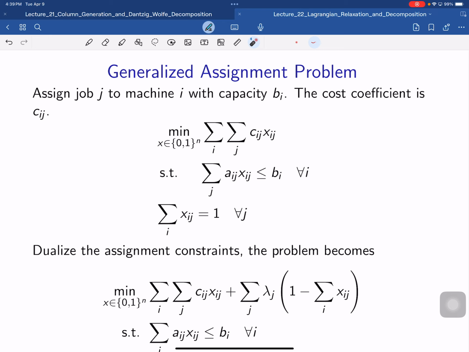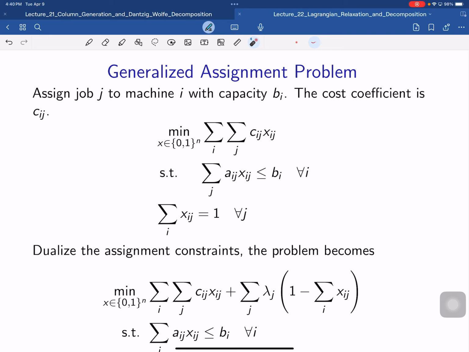So we have some x variables. So x_ij represents whether you are going to assign job j to machine i. Right? So x_ij equals 1 if you decide to assign job j to machine i. And then each machine i has a capacity constraint, right?